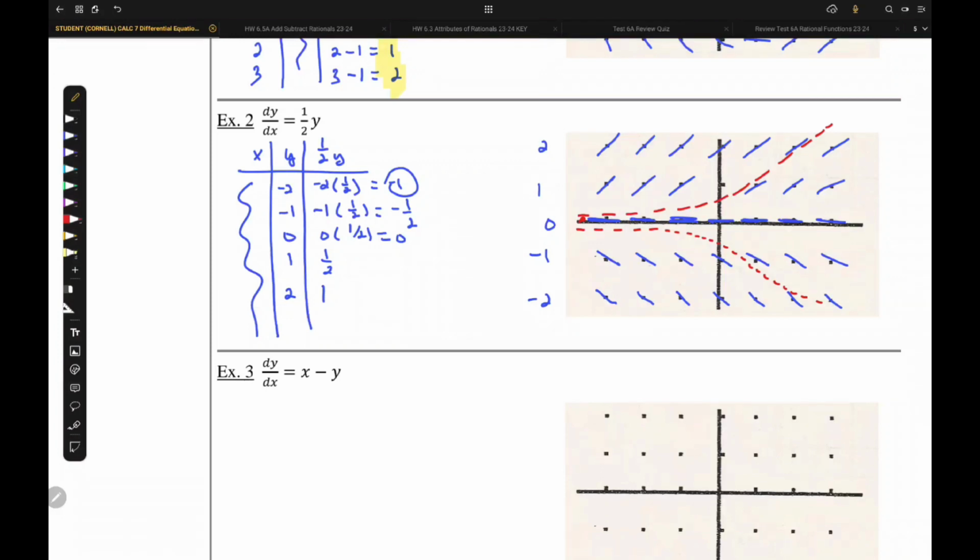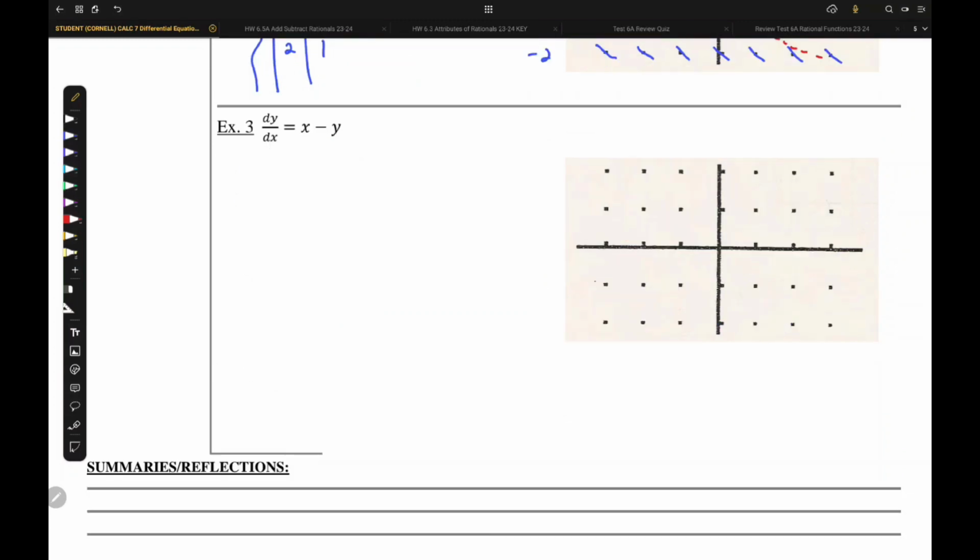And so this would be an unstable equilibrium. Now think about if all of these slopes were reversed, right? It would be pushing us up into this equilibrium point of the x-axis, and then that would be a stable equilibrium. All right, our most interesting function, dy over dx is equal to x minus y.